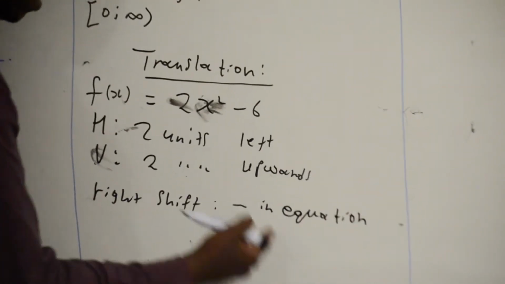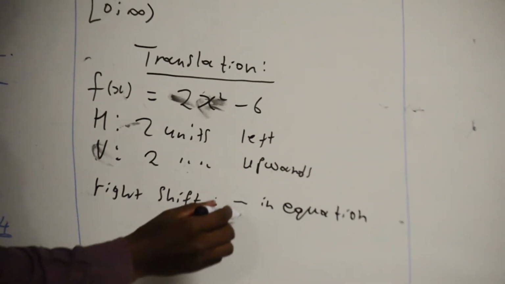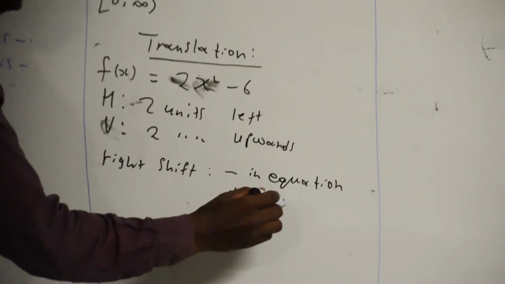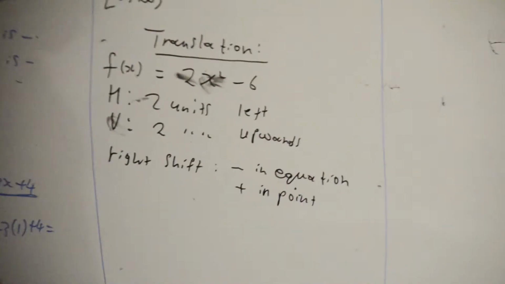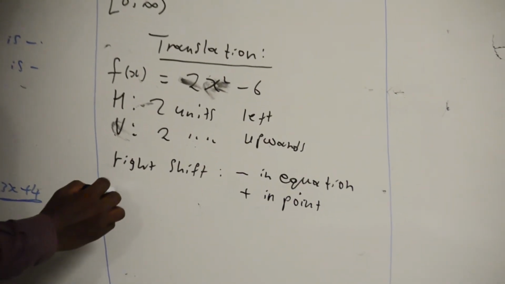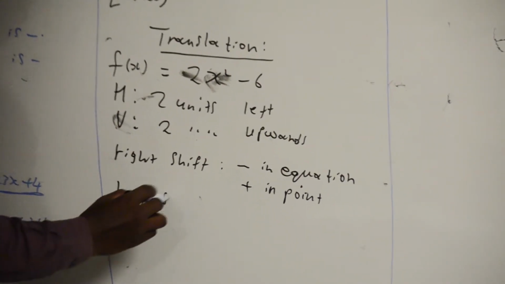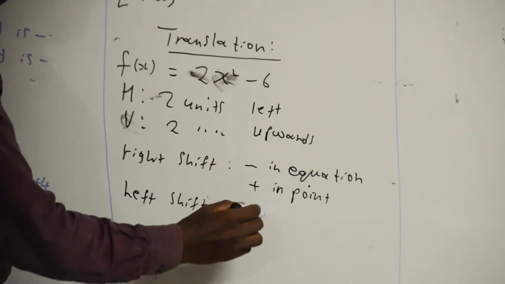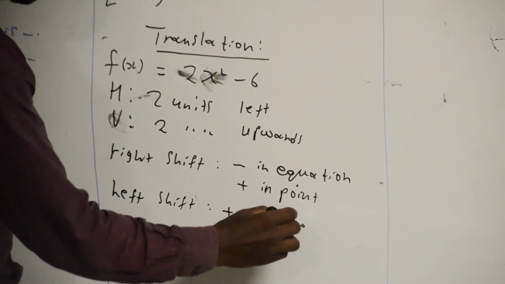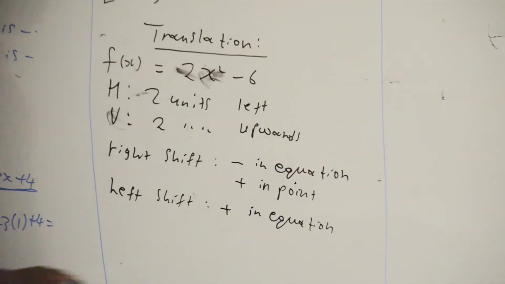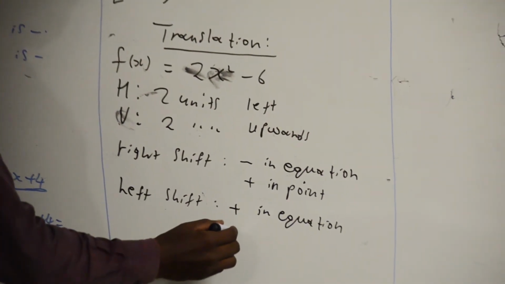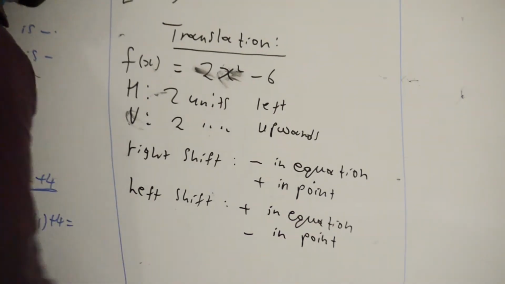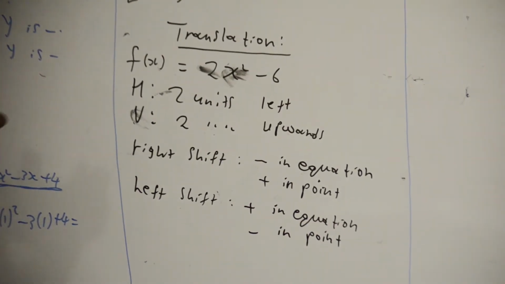In the equation you put minus, but in the point it is positive p. What about the left shift? The left shift is represented by plus p in the equation, but by negative p in the point. Remember, the point is in the graph.